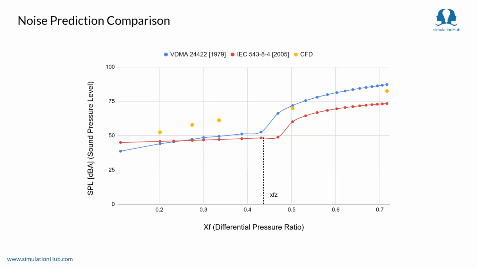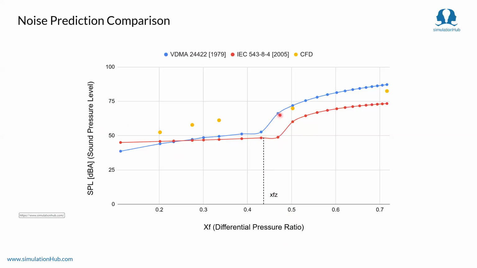This is evident from the phenomenon of cavitation. As we have seen in the slides, as the pressure ratio or differential pressure ratio increases, the likelihood of cavitation also goes on increasing, and this is depicted by the increase in the level of noise.